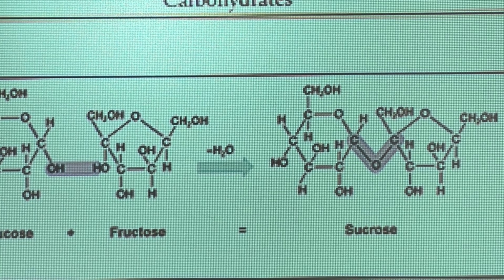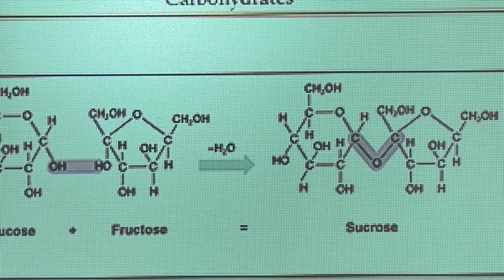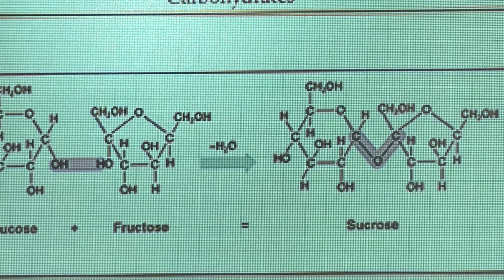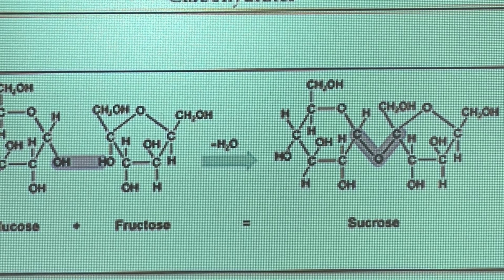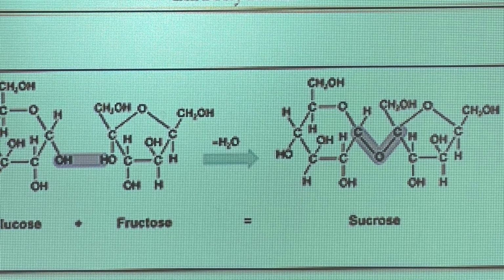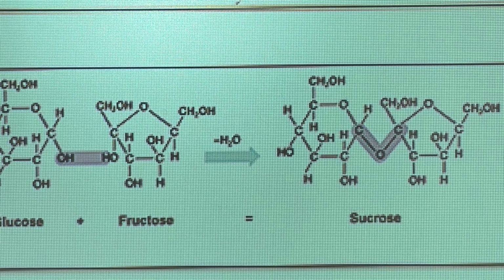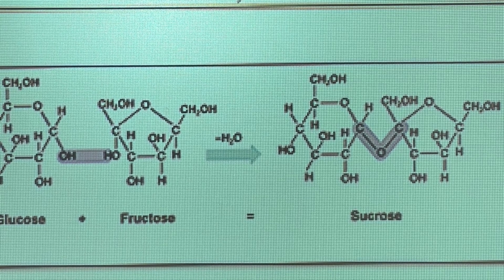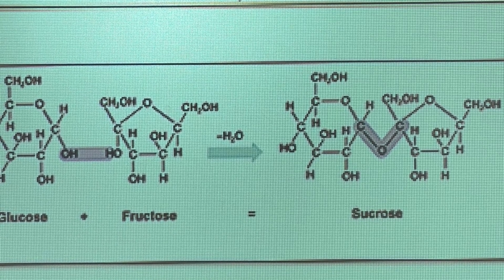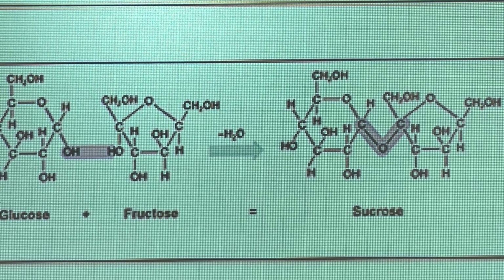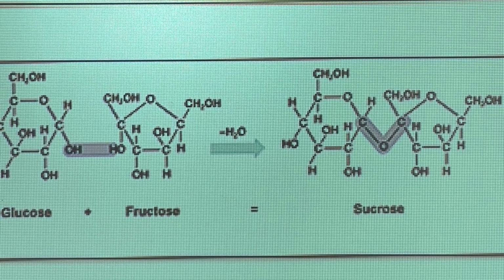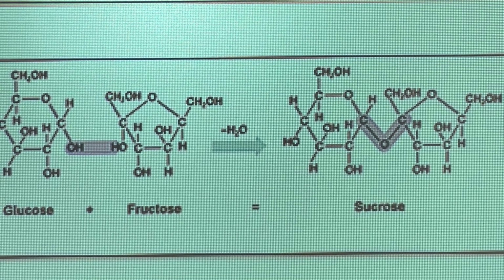Now, that sucrose that is produced is commonly called table sugar. And again, that's a disaccharide consisting of a chemical union. A covalent bond will join the glucose molecule to the fructose molecule to create sucrose, which is, of course, table sugar.